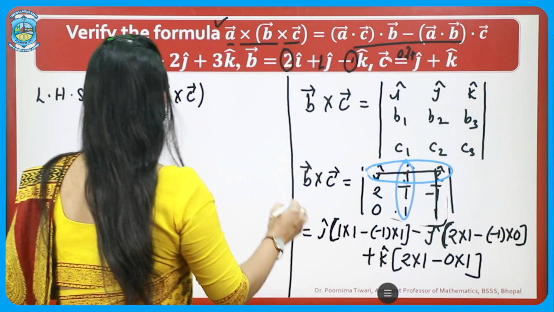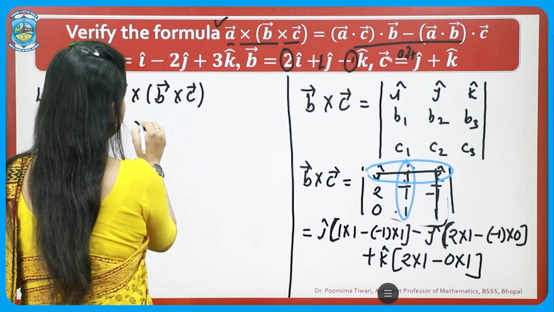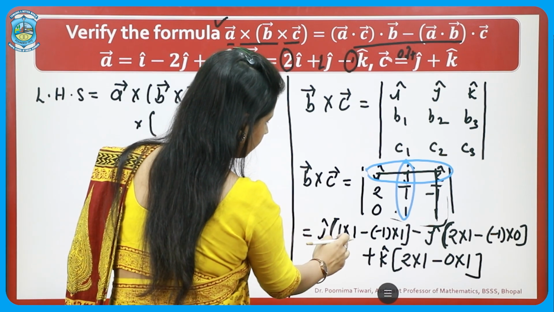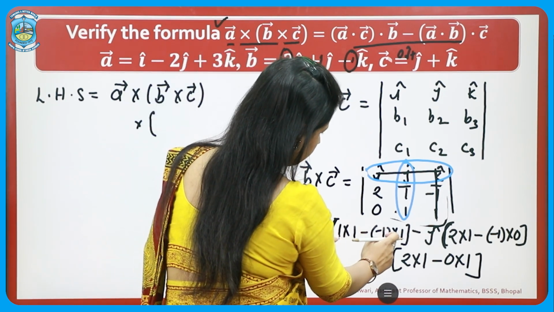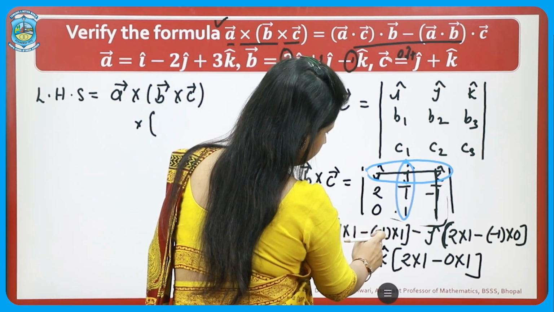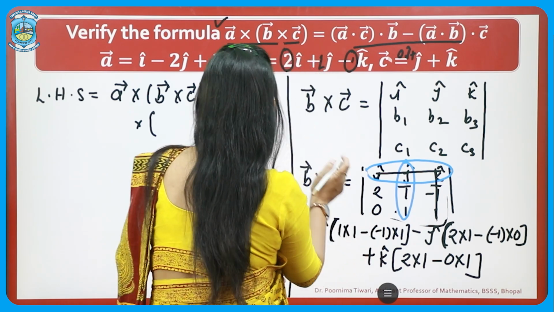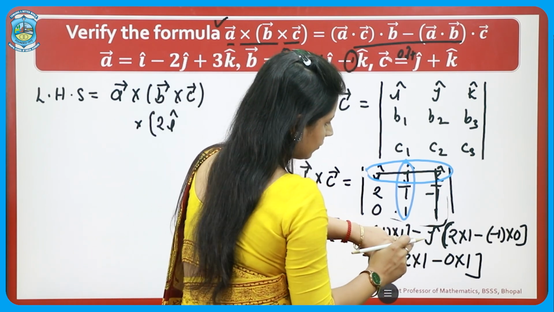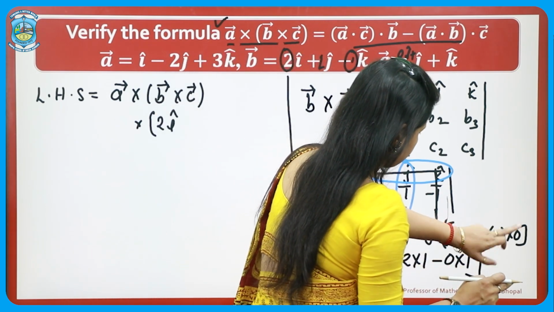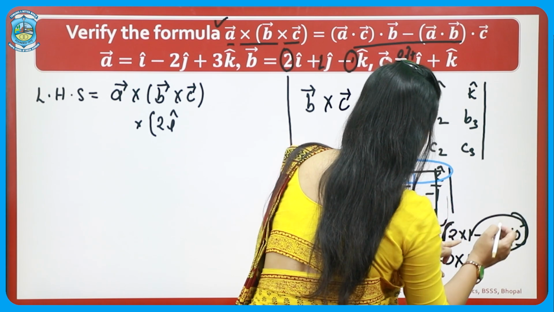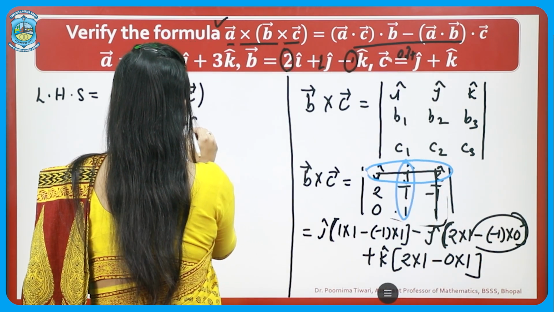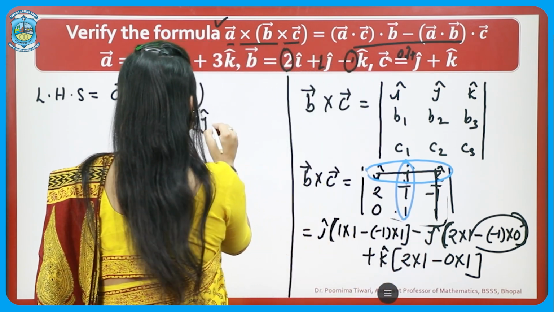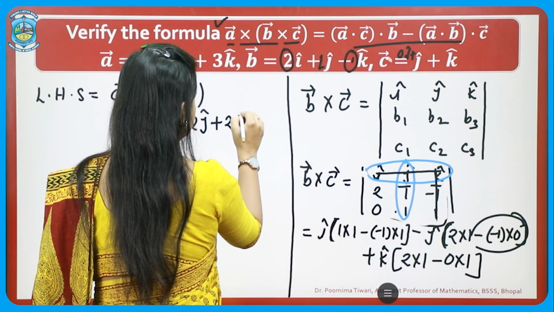So, on further solving, we will get the value of B cross C as: this is 1 minus minus plus 1, that is 2 i cap. This is 2 and this one is 0. So, minus 2 j cap and here we will get plus 2 k cap.